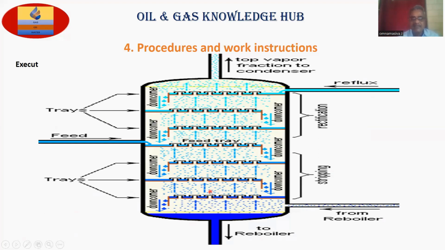Depending on temperature and density, higher density liquid will fall like this to the downcomer. From the downcomer, they will collect the product. Like this, stage by stage, downcomers are there. In every downcomer, the liquid will come at its density and different temperatures, and from there they will take a special product. Okay, my friends?